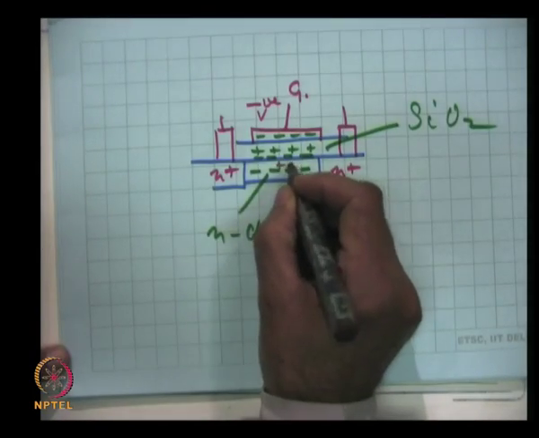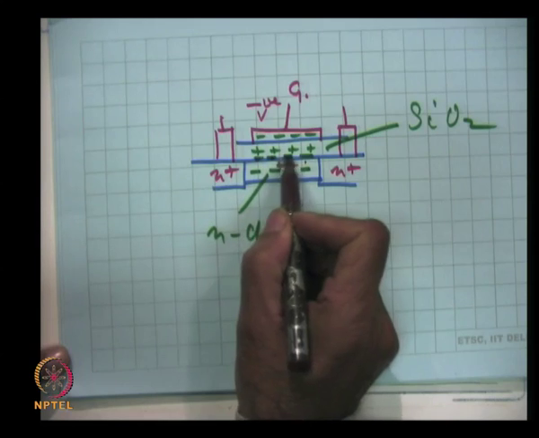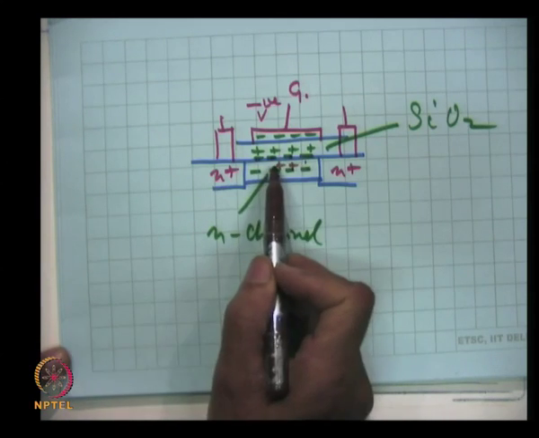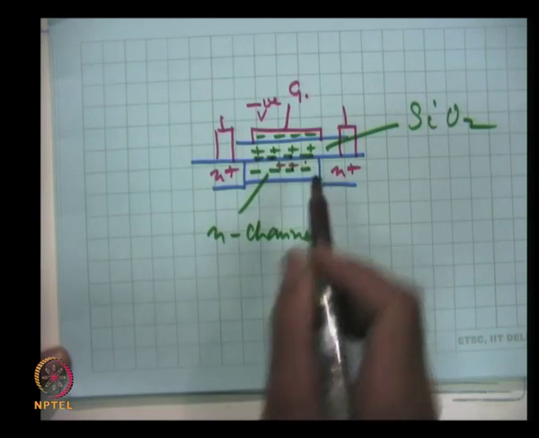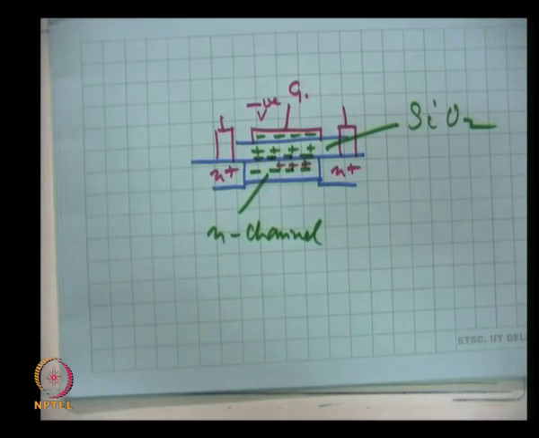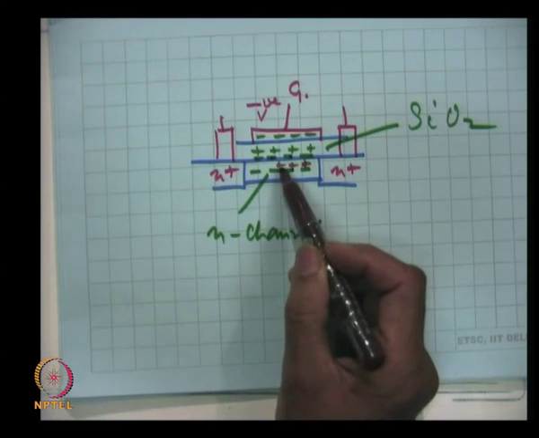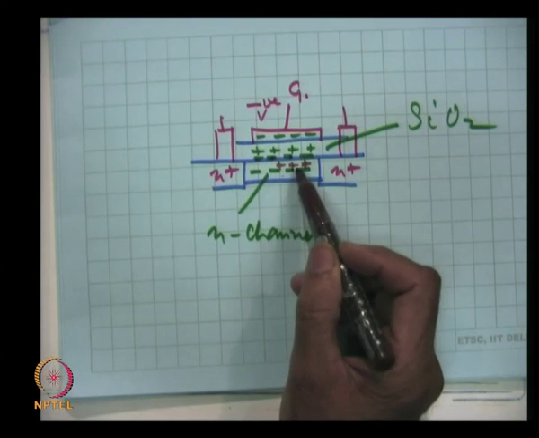In this case, this will induce some positive charges here, just at the surface, just above the channel, and these induced positive charges will recombine with some of the electrons.